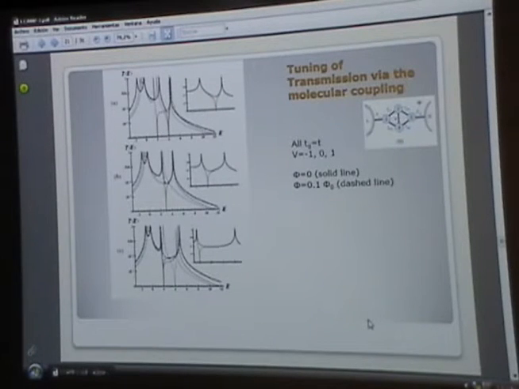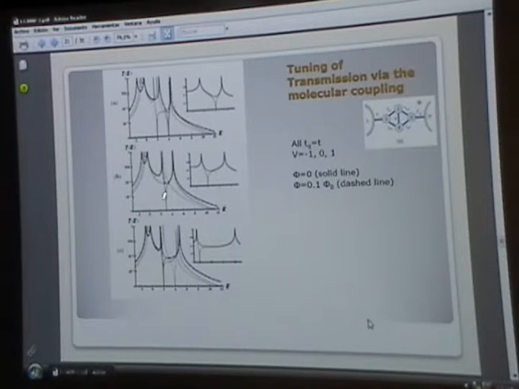Well, not only that, but you can also use the different parameters of the system to produce a tuning of the transmission when there is a molecular coupling. So this B is not 0. Actually, these 3 figures compare B equal to -1, 0, or 1.